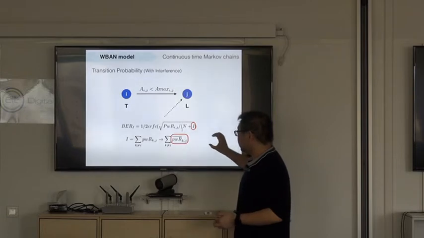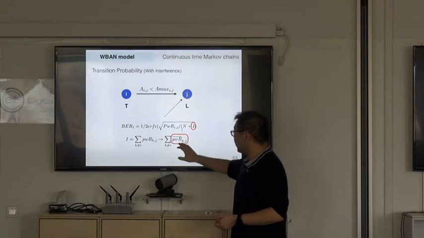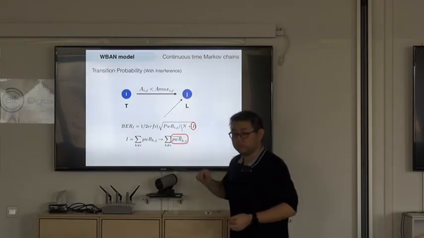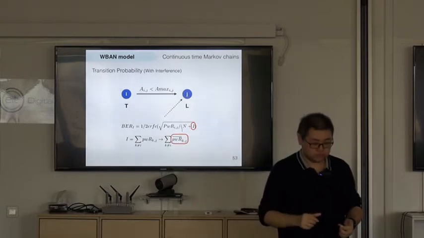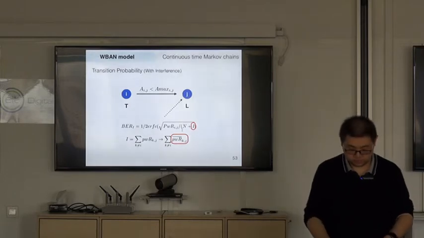If we use the average attenuation, we can get the average receiving power, and the average channel attenuation is given by the data set from the literature.